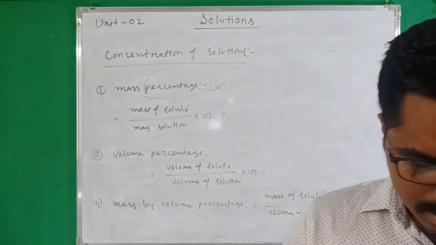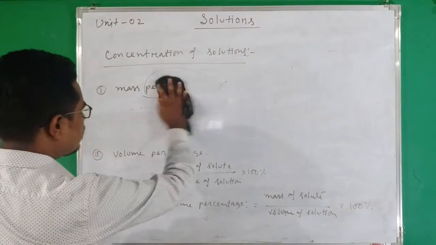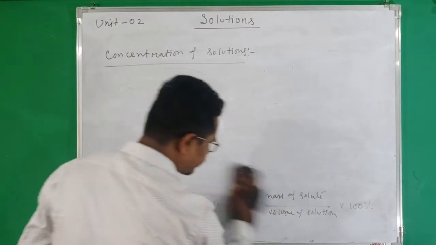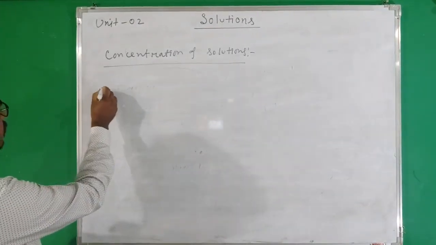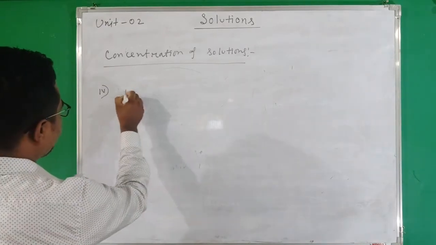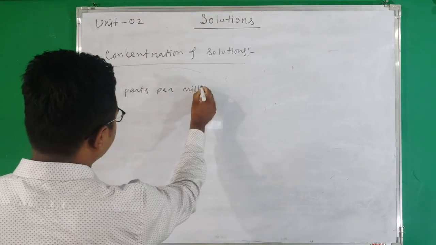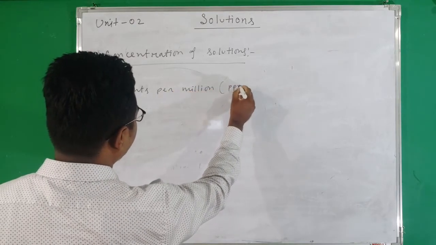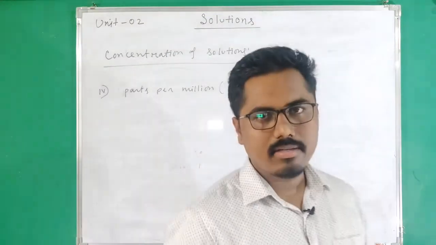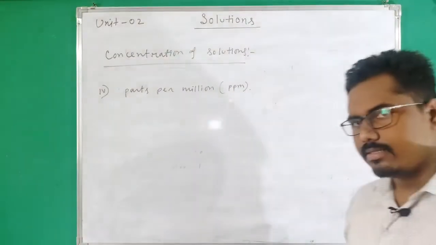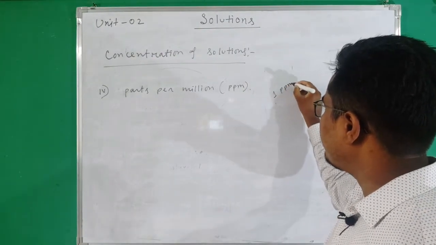There is another way in which concentration is expressed. Number 4, parts per million or ppm. If you observe a blood report, you will see that a component of blood is present like this, 1 ppm.